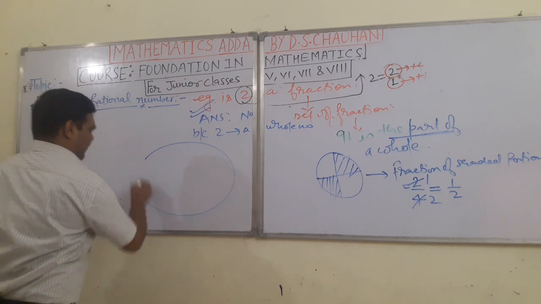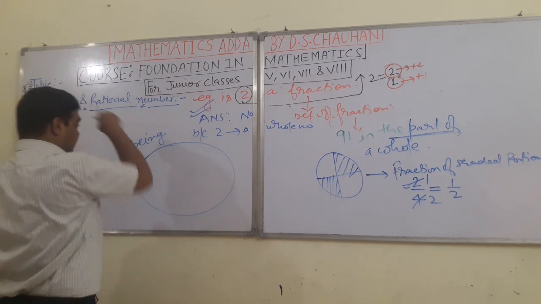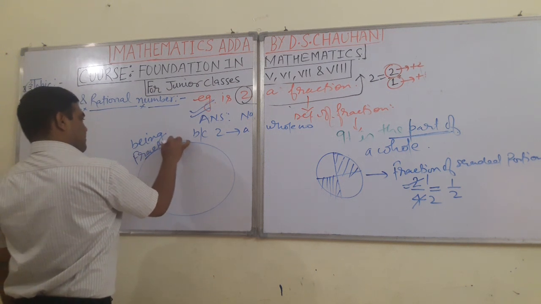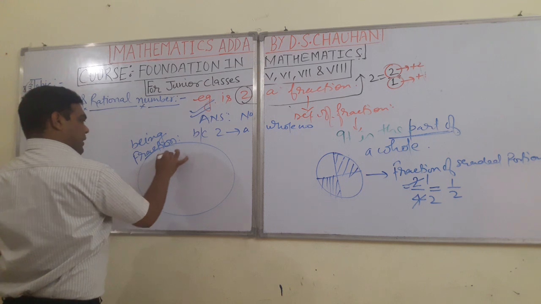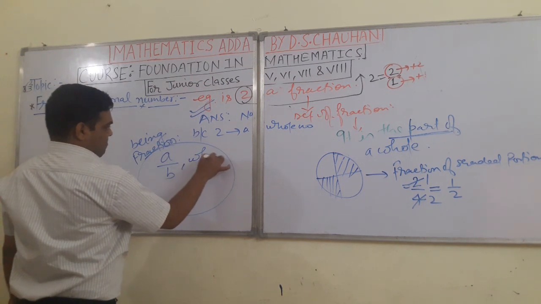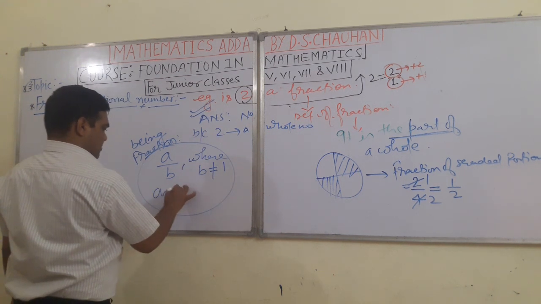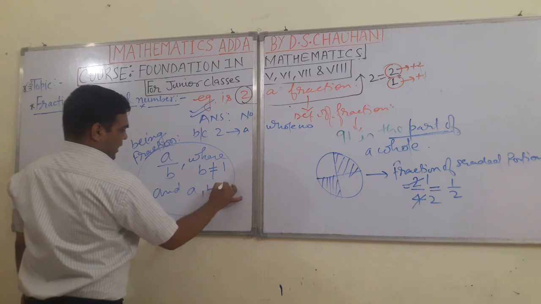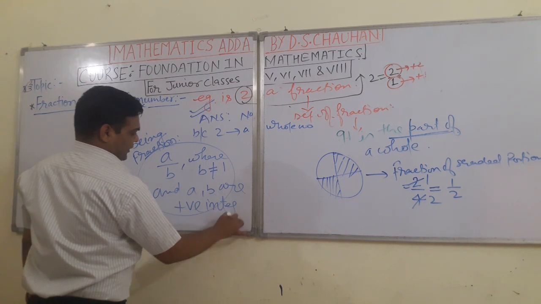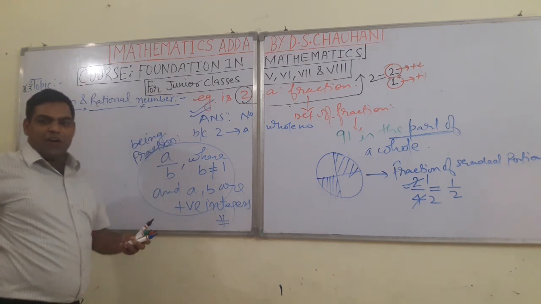Remember students, to be a fraction, pointing out from the discussion of all these things, a number can be written in the form a by b, where b is not equal to 1 and a, b are positive integers. This is the standard definition of the fraction.